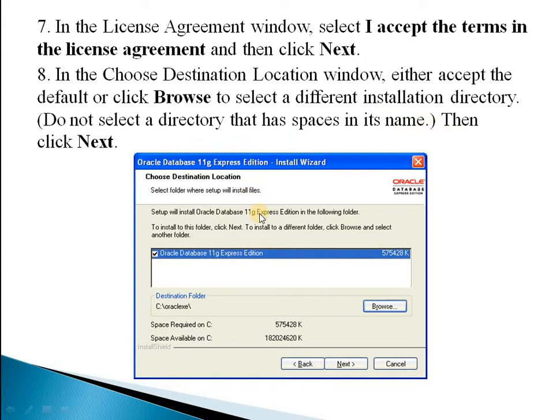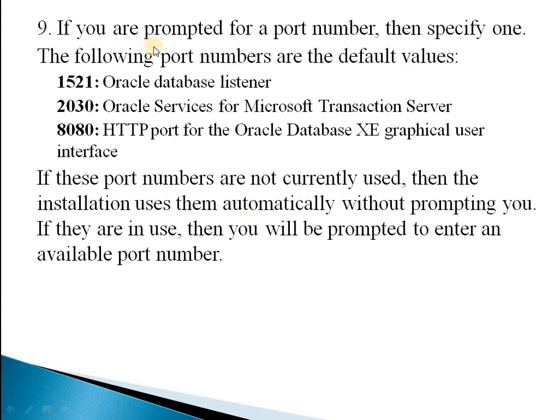Next step, if you are prompted for a port number, then specify one. The following port numbers are default values: 1521, which is the Oracle database listener; 2030, which is the Oracle services for the Microsoft Transaction Server; and 8080, which is the HTTP port for the Oracle Database Express Edition graphical user interface.